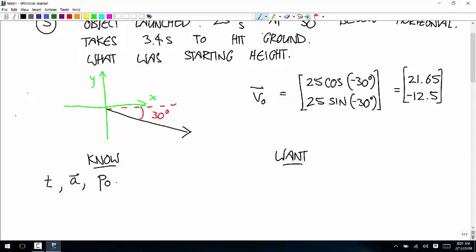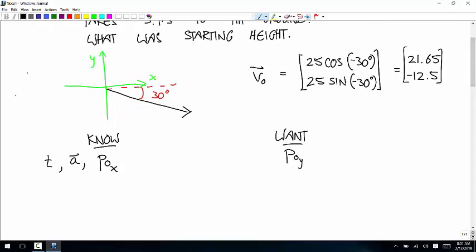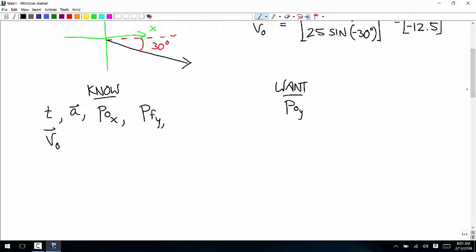You know the initial position x component is 0 because the coordinate system is right underneath. We're trying to find P0y. We know Pfy is equal to 0 because it hits the ground. We know all of V0, and we don't know V final. P final, that's what we're just calling Py.